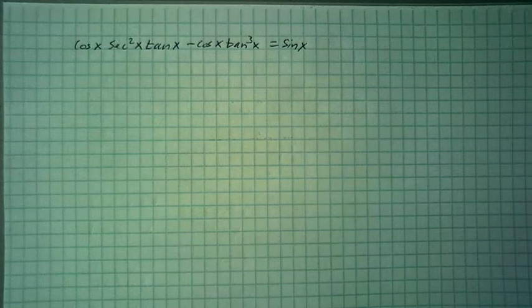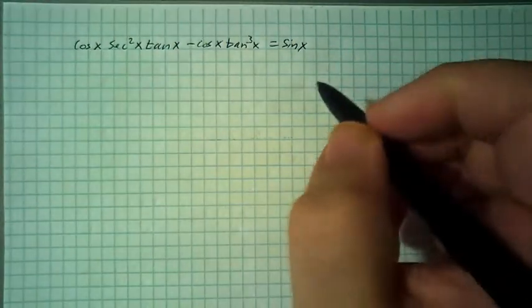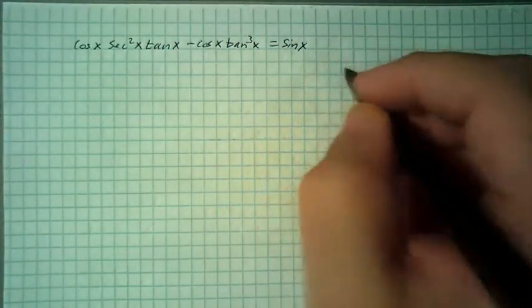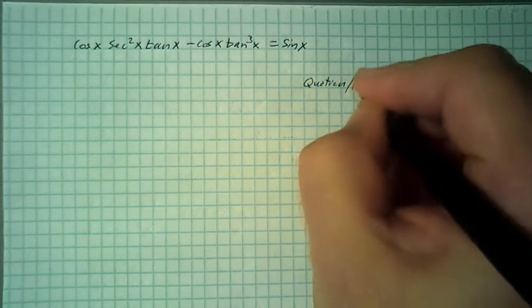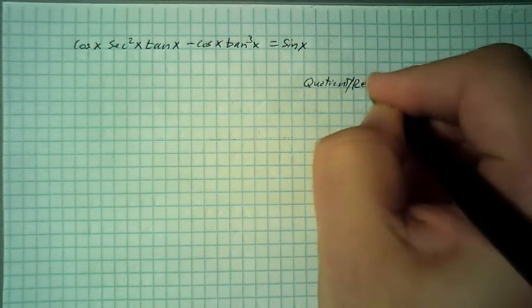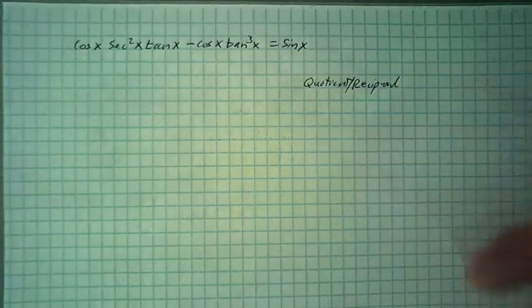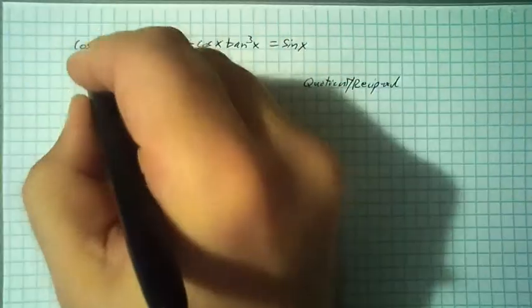Looking at it, I got tangents in there. I should probably factor out that tangent and that cosine. No, first I'm going to turn everything into sines and cosines. So I'm going to use my quotient and reciprocal identities because I'm going to turn everything into sines and cosines.